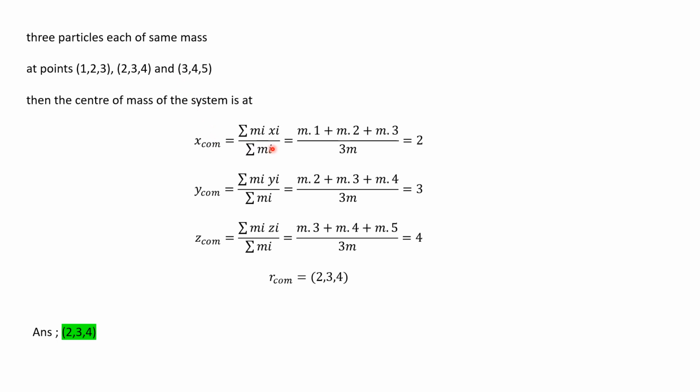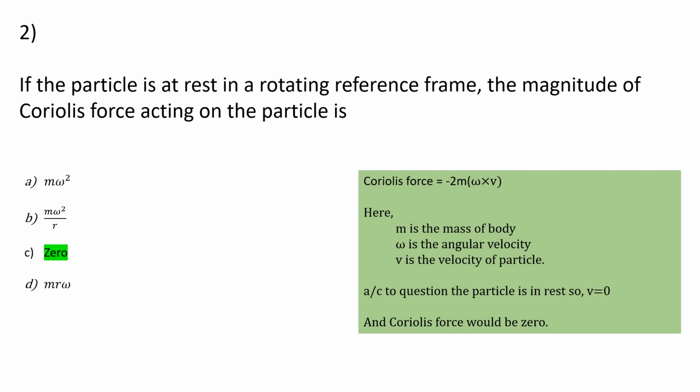By putting in all these values, we find x_cm is 2, y_cm is 3 and z_cm is 4. So our final answer will be r_cm equal to (2, 3, 4). So 234 is the right answer.